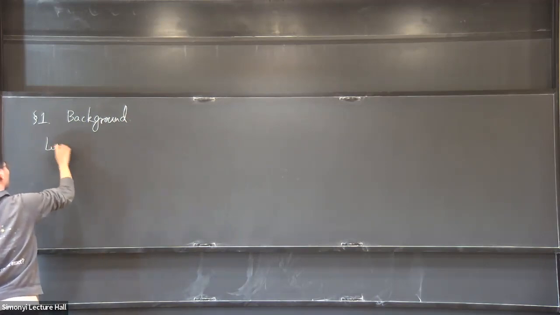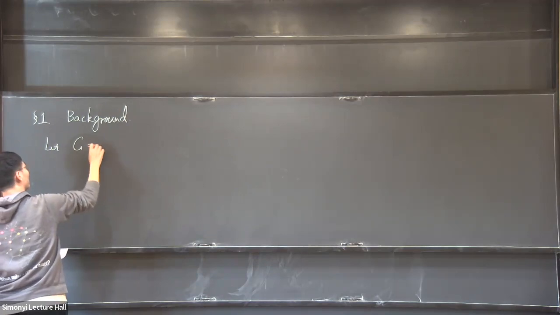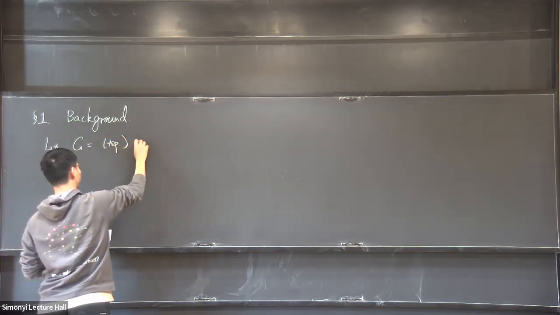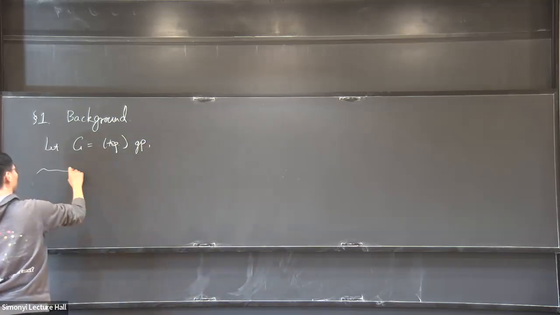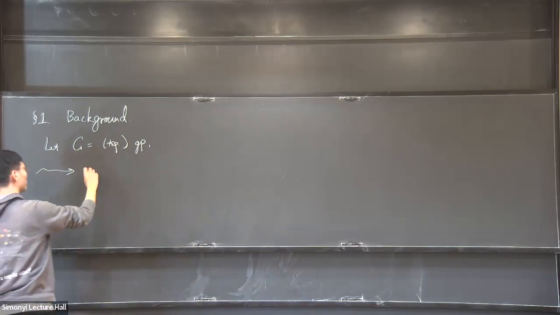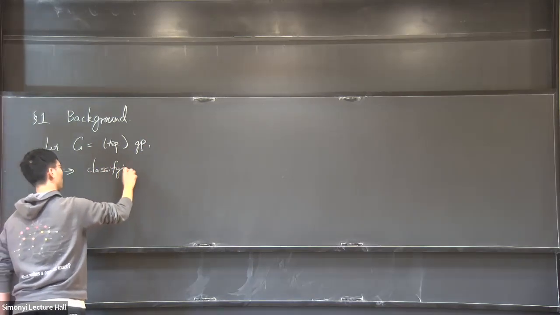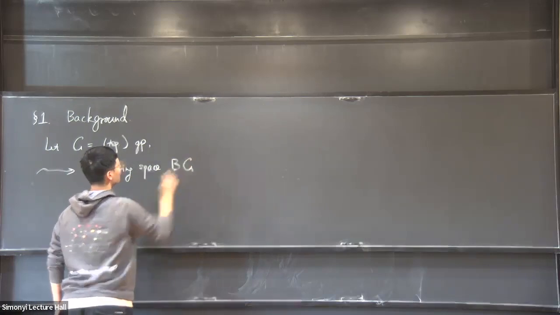Right. So I guess in algebraic topology, if you have a group or maybe a topological group, then you can form a certain topological space called a classifying space, usually denoted by BG.